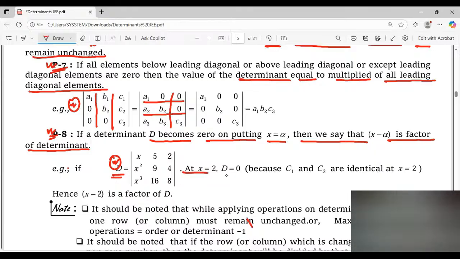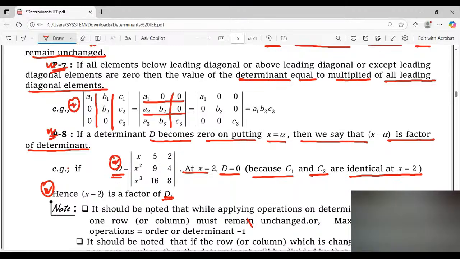At x equal to 2 the determinant equals 0 because C1 and C2 are identical. Hence x minus 2 is a factor of D.